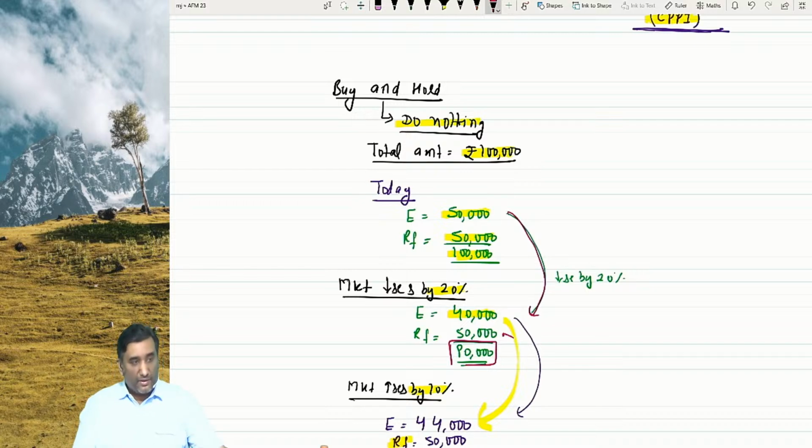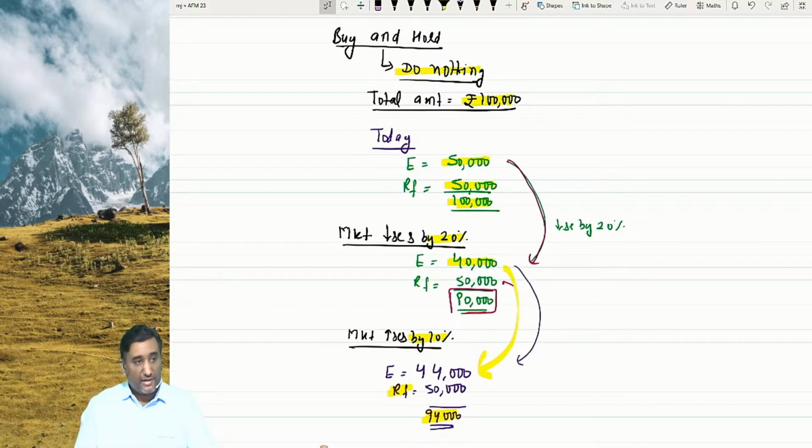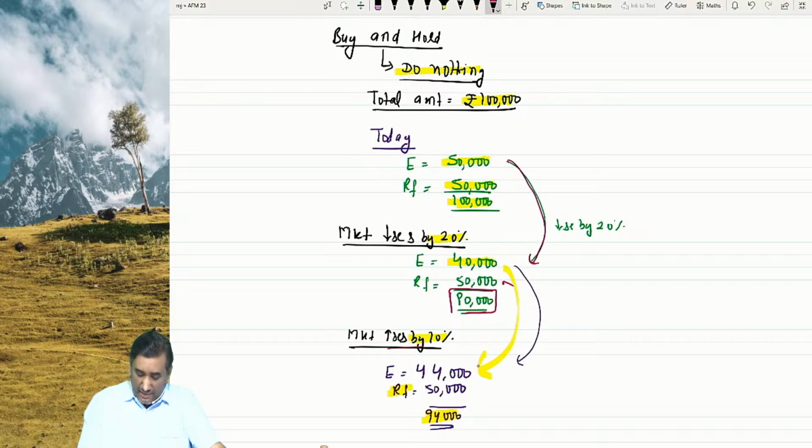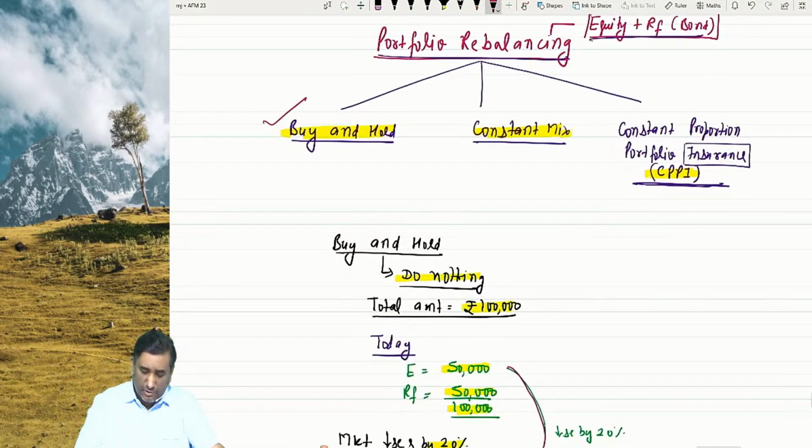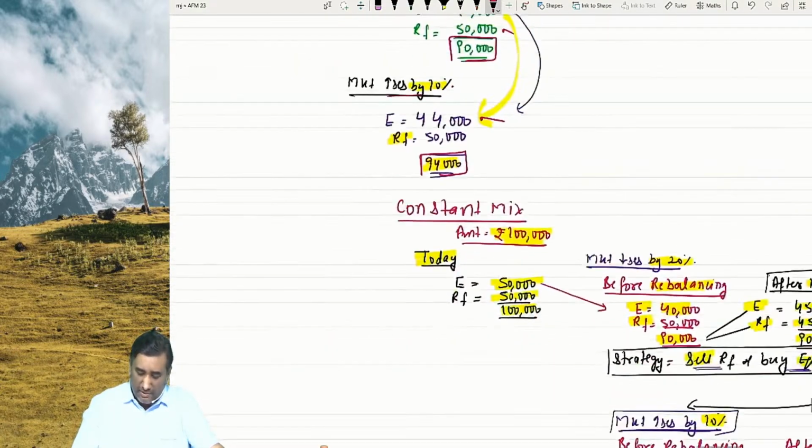The next day the market increases by 10%, equity value becomes 44,000, RF remains 50,000, so nothing happens here. Even if the equity value becomes 0, you still have a balance equal to RF. That's buy and hold, the first policy. Then constant mix, the second one we have.